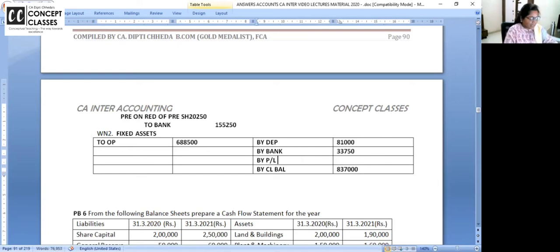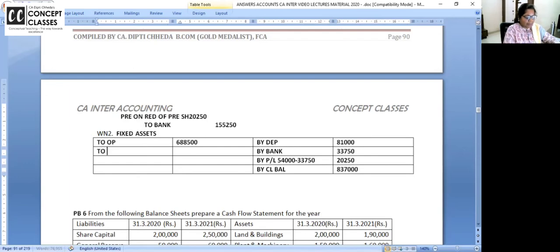Why do I write by P&L? 54,000 is the WDV and it is sold for 33,750. 54,000 minus 33,750 is coming to 20,250. 20,250 is the loss. I'm repeating. 54,000 is sold for 33,750. WDV minus sale value is a loss. Had it been profit, I would have recorded it here. And there is no revaluation upward or downward.